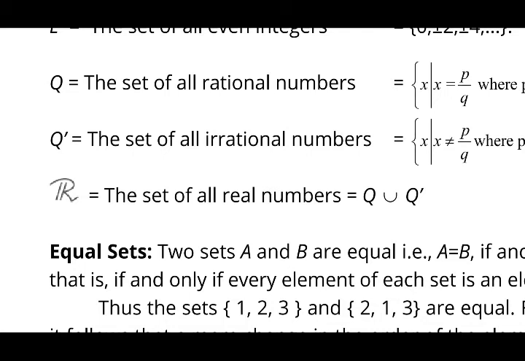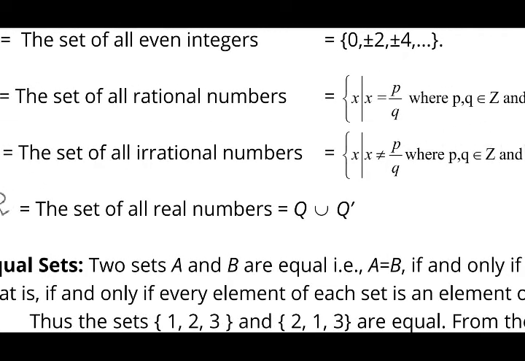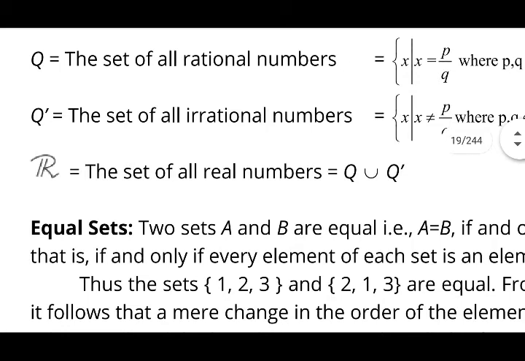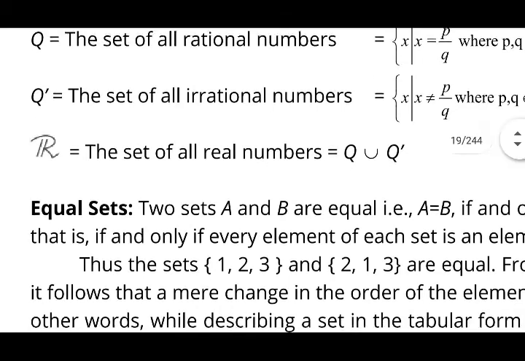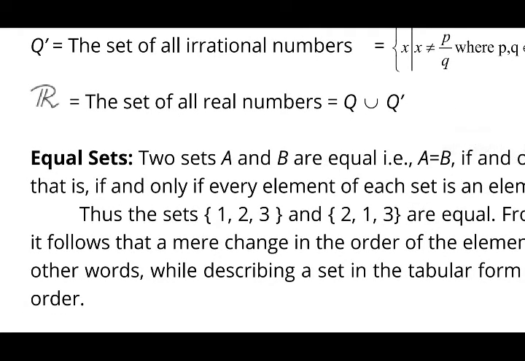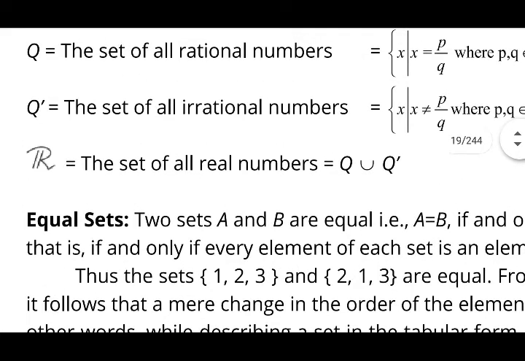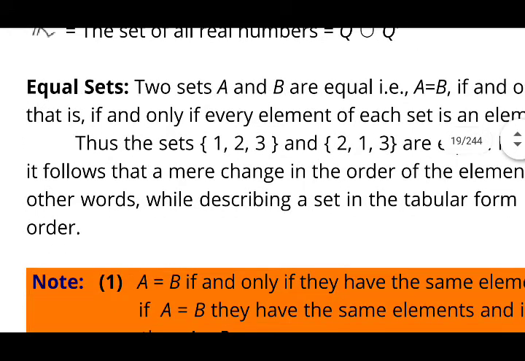Rational numbers include natural numbers, whole numbers, integers, and also decimals, terminating decimals and recurring decimals. The set of irrational numbers contains only non-recurring, non-terminating decimals, and square roots of prime numbers are also irrational numbers. The union of both these sets becomes the real numbers.